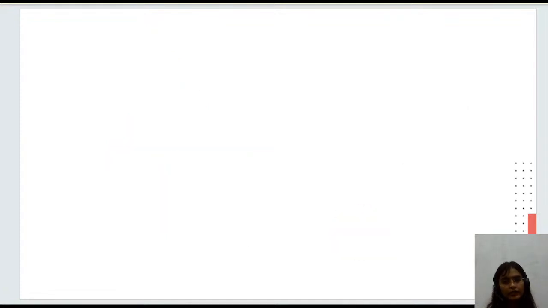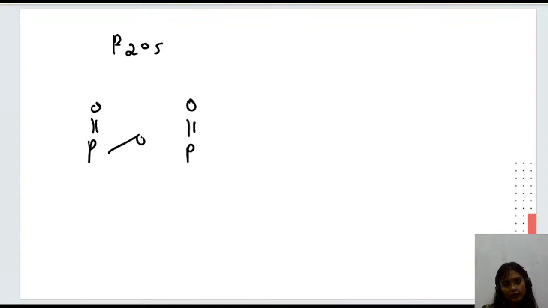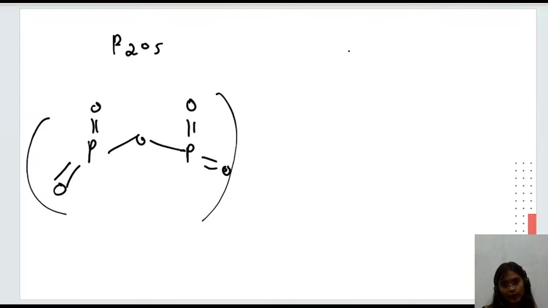And then if you're comparing P2O5, so phosphorus, five oxygens, this is the P2O5, and Cl2O7, so chlorine.